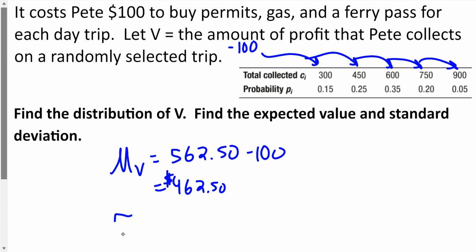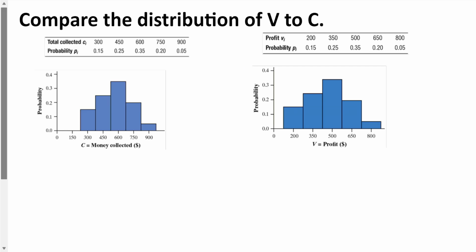Standard deviation. Does standard deviation change when you add or subtract? No, it does not. It's still the same spread. Right? It's still 163.46. No change because it's adding or subtracting. Only multiplying affects that. Now, if we actually wanted to compare the two distributions, C was the total collected and V was the profit, it doesn't look a whole lot different.